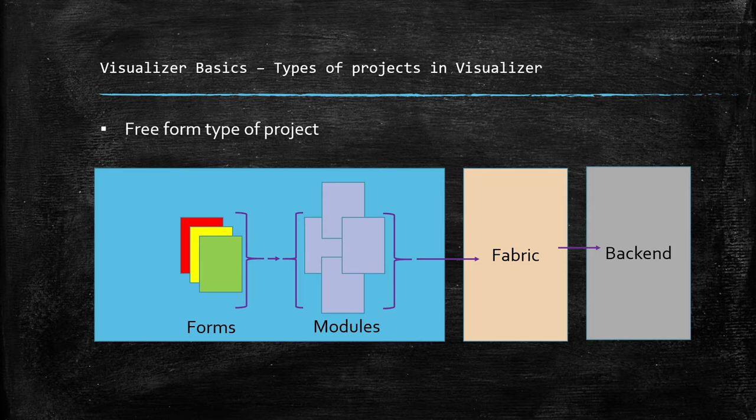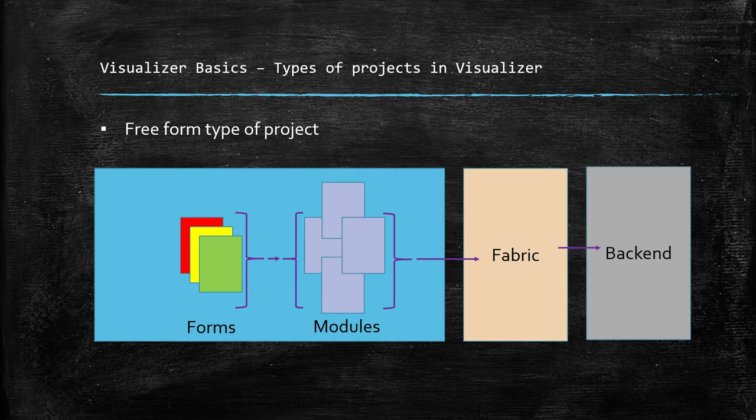You would create forms representing the UI screens that you want to have inside your application, and the JS modules implementing the functionality that you want to have inside the application. Any user action on the form would invoke the functions that you are going to implement as part of your JS modules, and from the JS modules you would interact with the services that you have configured inside the Fabric layer, and the Fabric layer would go and talk to any of the backend systems that you are interacting with.